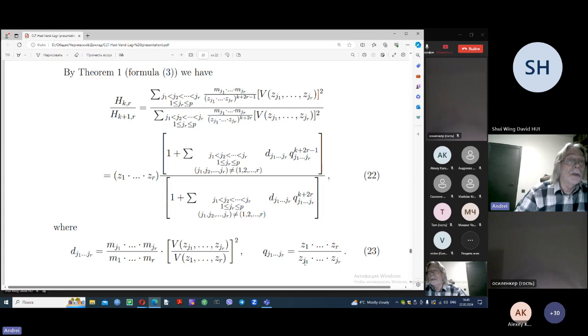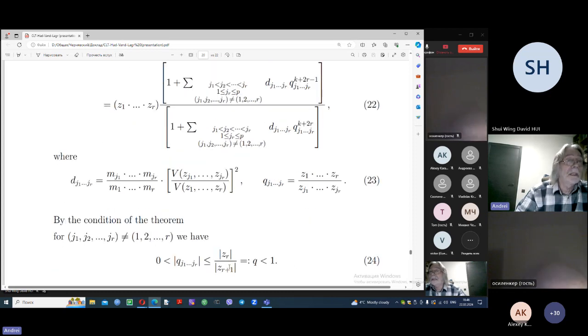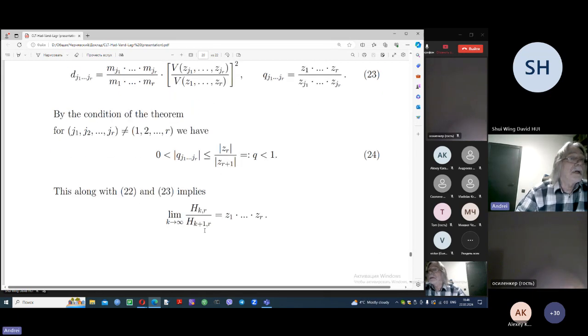Of course, if this product is not equal to this one, then since R is less than R plus 1, here is standing something that is greater than R. So this is Q, and here we have all the summands with the corresponding multipliers that are in modulus less than or equal to this Q. And therefore one sees that we have the corresponding convergence.